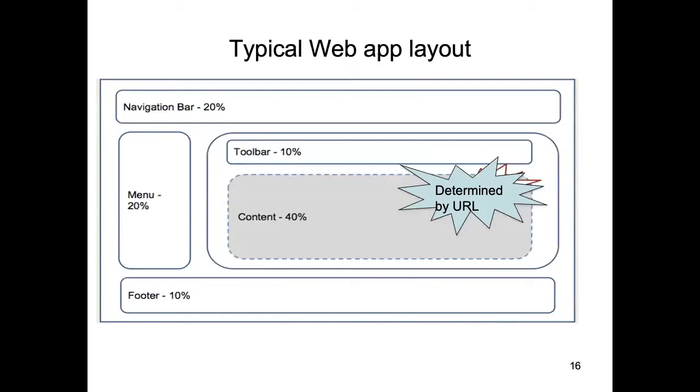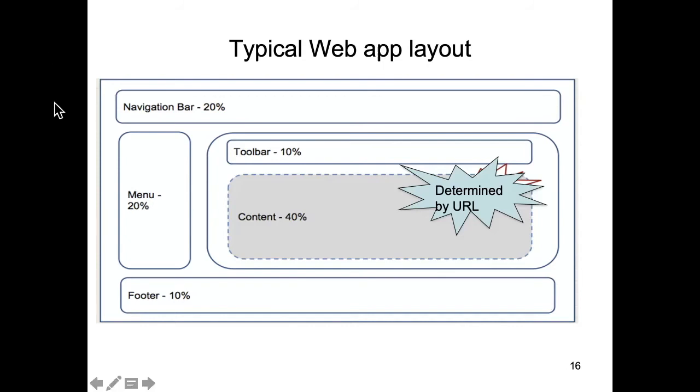So it kind of emerged over the years that the general layout of any web application tends to follow what you're seeing on the screen here, in the sense that there tends to be a static part which remains constant as you navigate from page to page, and then there's a dynamic part which always changes as you navigate from page to page.